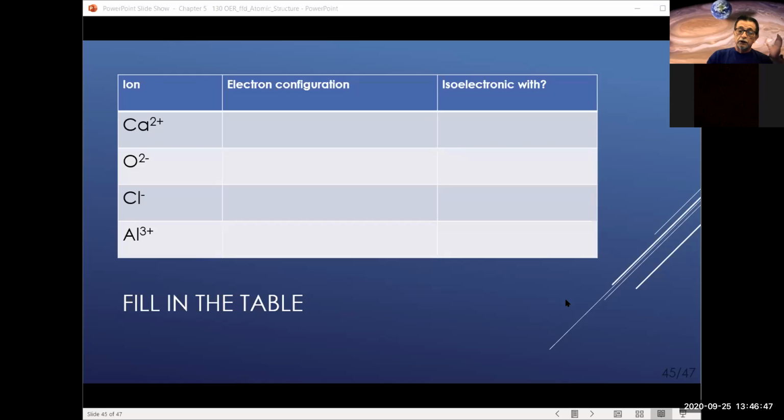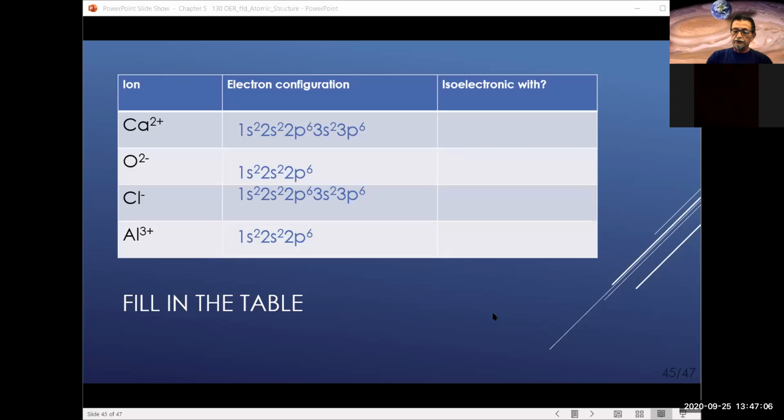All right. Here you have a table, and they're asking you to write the electron configuration for the calcium ion, the oxide ion, the chloride ion, and the aluminum ion.